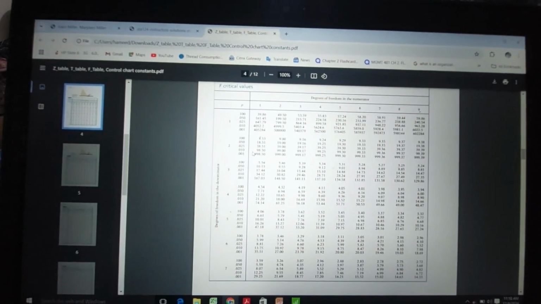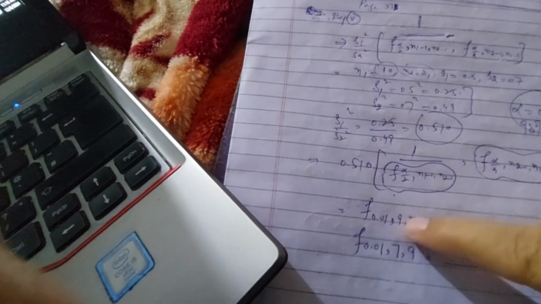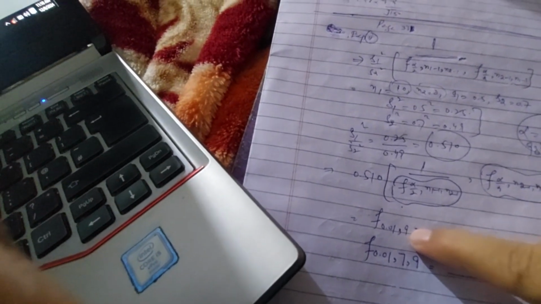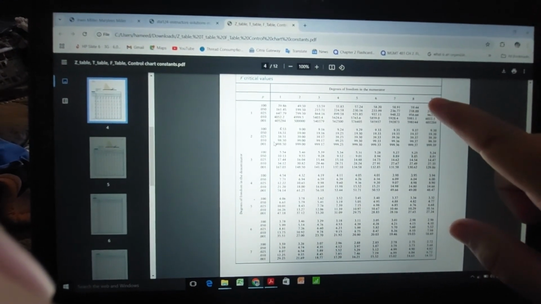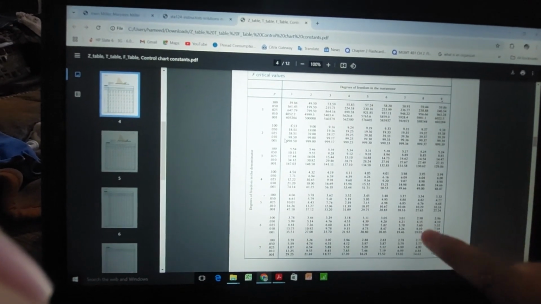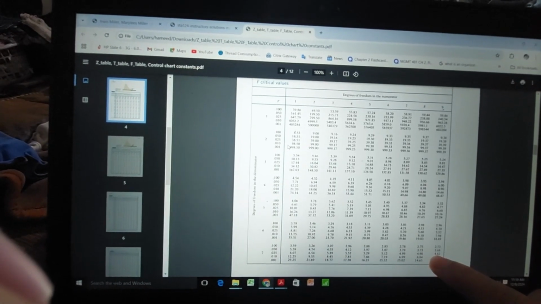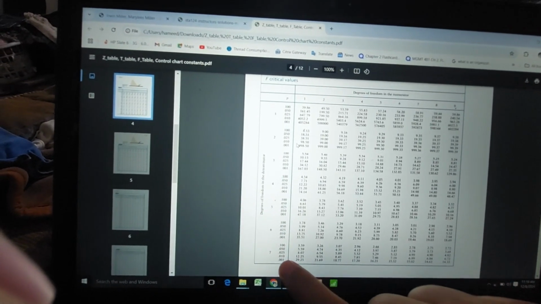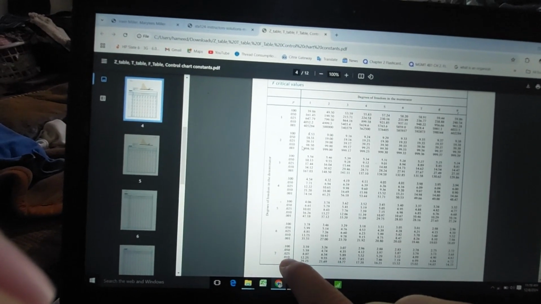Now the first value is f of 0.01, 9 and 7. It means that the numerator is 9 and the denominator is 7. So I need to look in front of 7 and below the 9, where the probability is 0.01, alpha by 2.